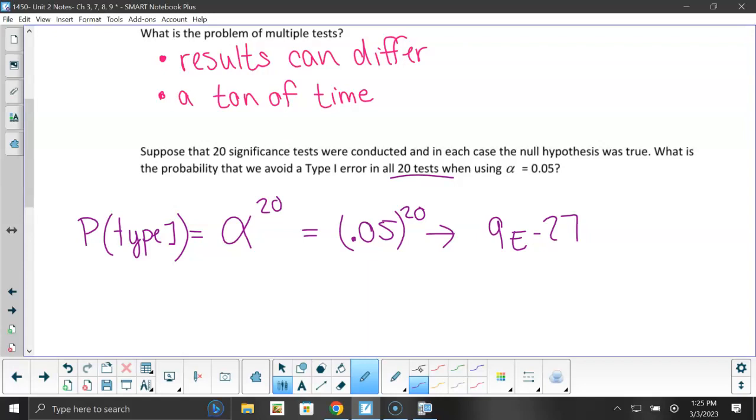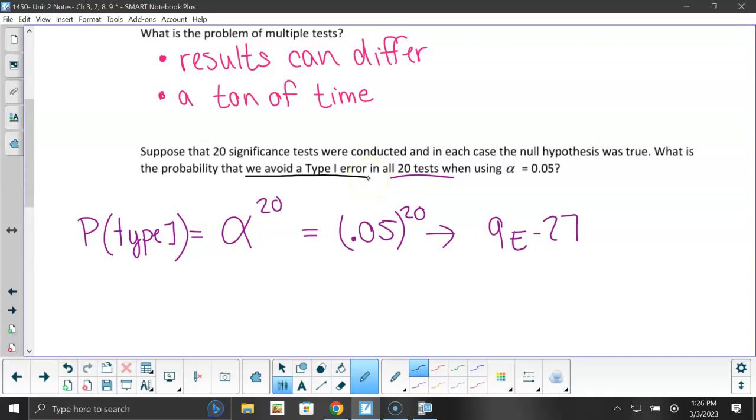The probability that we avoid type 1, so we do not get a type 1 error. I think the wording's crappy on this. Probability that we avoid a type 1 error. Yeah, it's the probability that we can stay away from a type 1 error in all 20 tests.